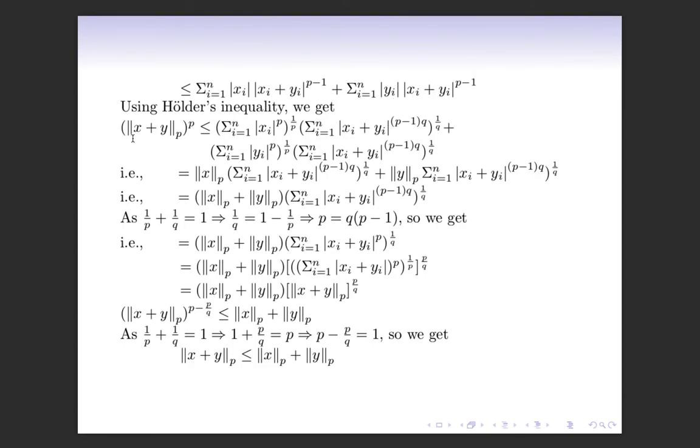So we have norm p of x plus y whole to the power p is less than or equal to summation i varies from 1 to n mod of xi whole to the power p, whole to the power 1 by p, and for this second term we can write summation mod xi plus yi whole to the power p minus 1, and to this term we write power q and whole to the power 1 by q.